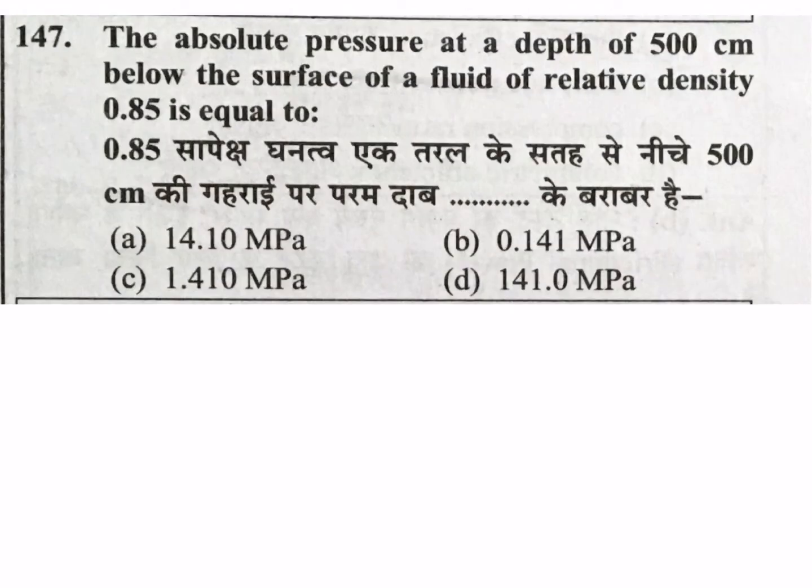The absolute pressure at a depth of 500 centimeter below the surface of a liquid of relative density 0.85 is equal to how much? So absolute pressure value I have to calculate. H equal to 500 centimeter or 5 meter. Relative density of fluid SF equal to 0.85.